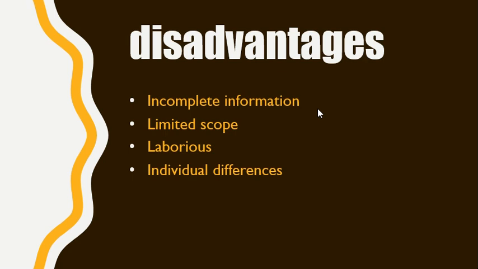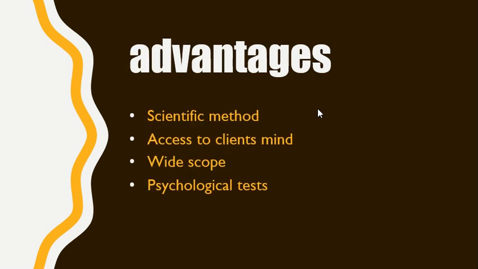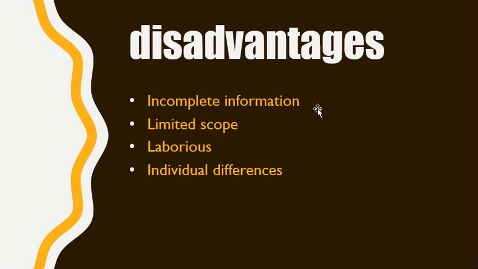At one time, you are approving something, and at some other time, you can disapprove that thing. So sometimes this external observation is incomplete because people can pretend or exaggerate their feelings, emotions or behaviors. This was the advantage, that it has a wide scope. We can study animals, children, and humans as well. But a disadvantage is this, that it gives incomplete information because a client, or a subject, can pretend at the same time.